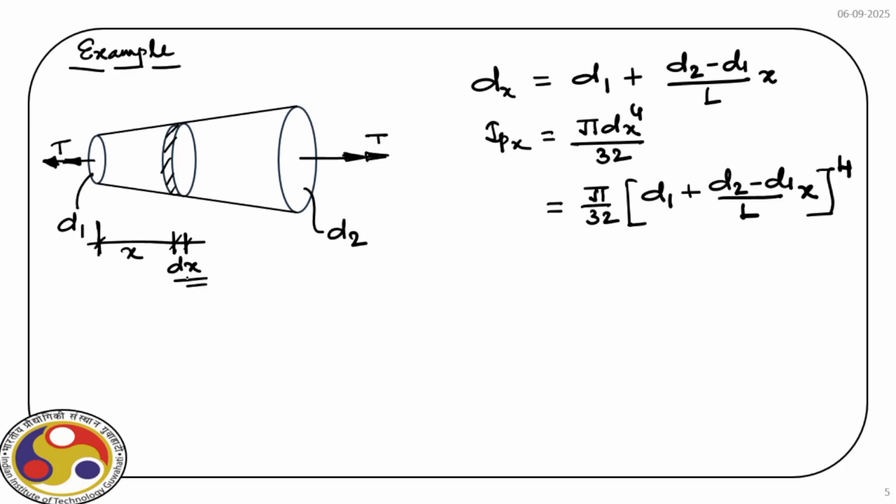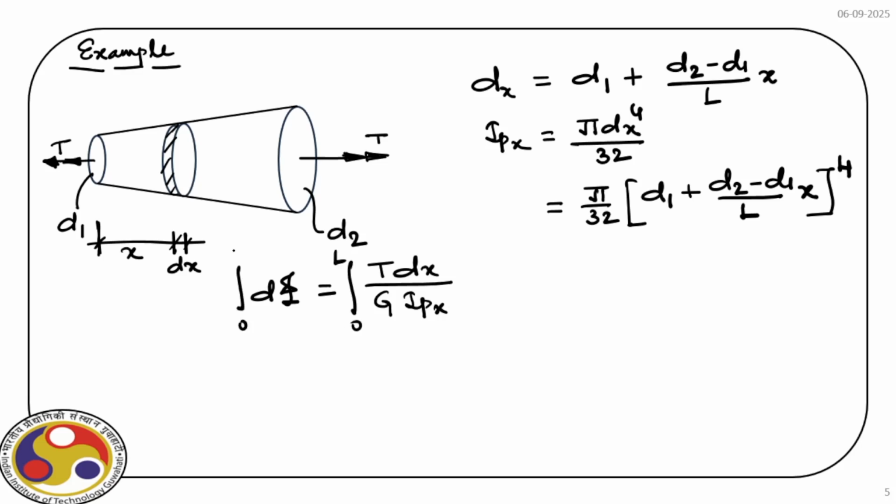Now for this small segment dx, we can find out d phi, which is equal to T, that is the torque applied, over a length dx divided by G times I dx.